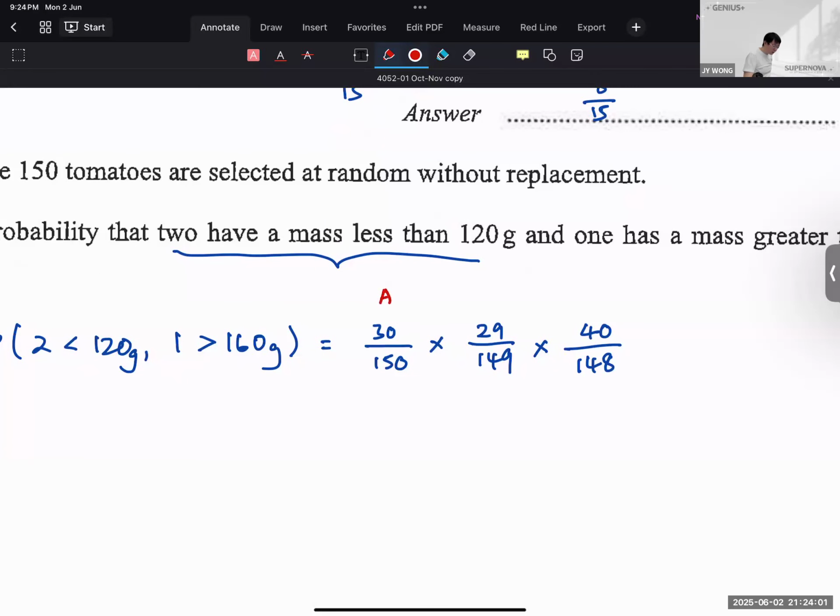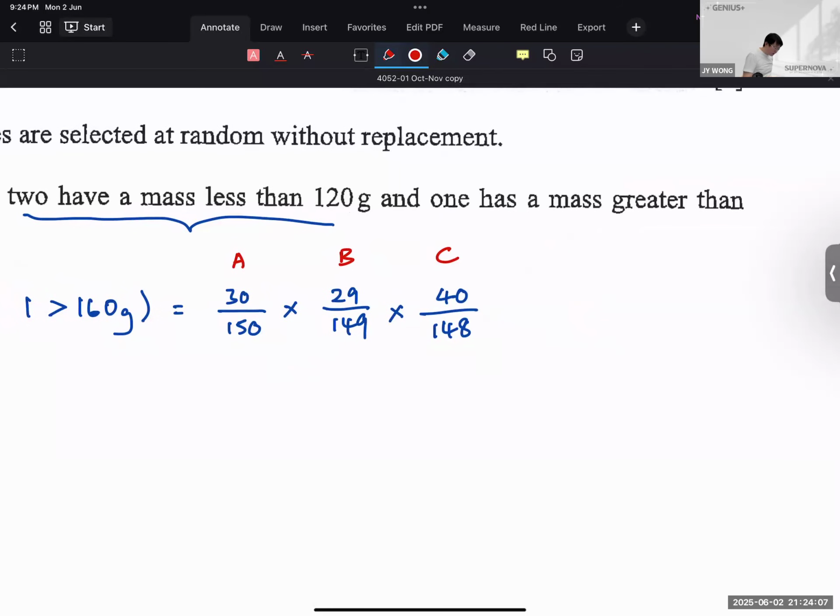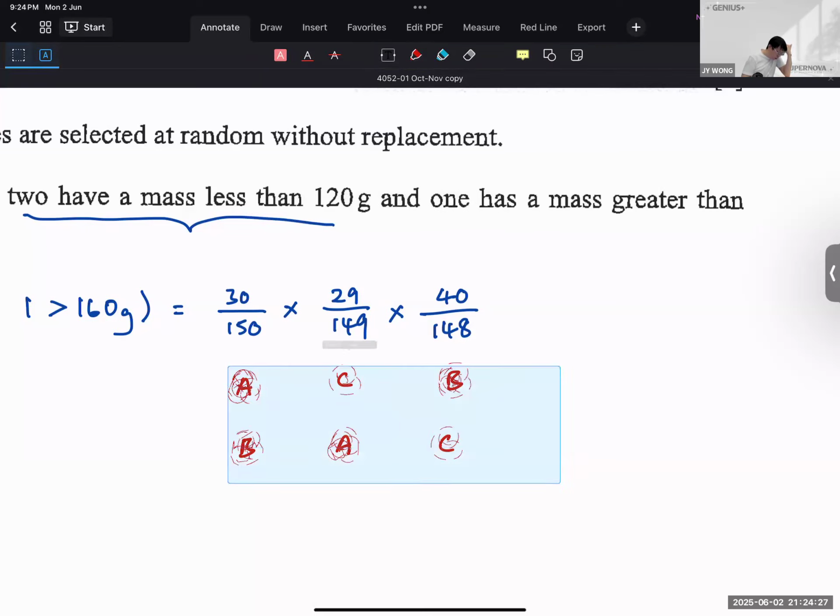Let's pretend that I call this tomato A, this tomato B, this tomato C. So they can be in the sequence A, B, C, but they can also be in the sequence A, C, B, and they can also be in another sequence. So the point here is basically you always need times 3.